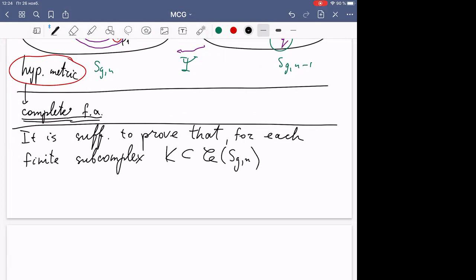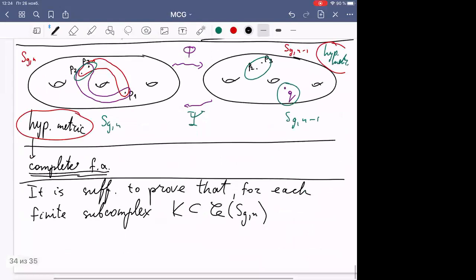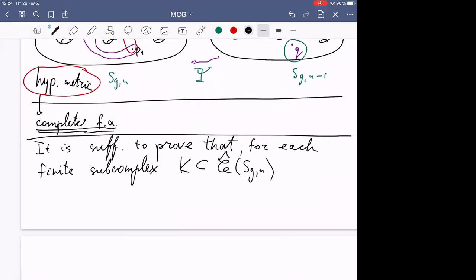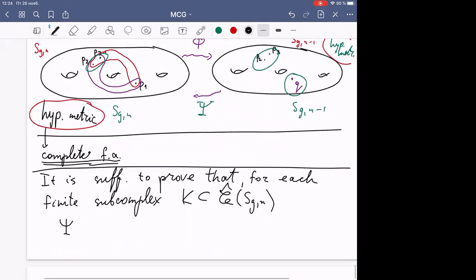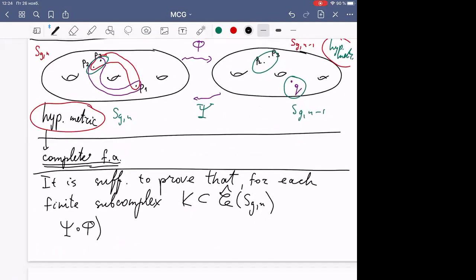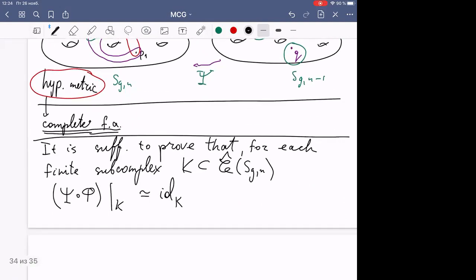we may consider first phi, then psi, restricted to K, and it is homotopic to the identity map on K. Now it is sufficient to prove this.